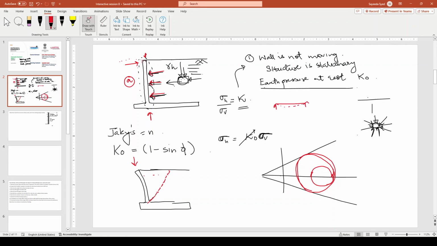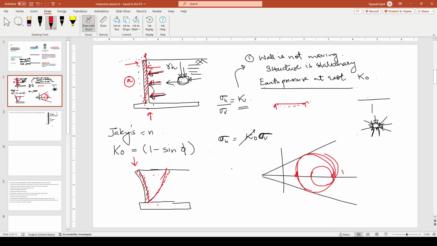If you don't allow this deflection, there will be a force on this wall, and the wall is bearing all this force. But if the wall is a little lax and it is moving a bit, the force will be reduced to a point where this failure will take place.